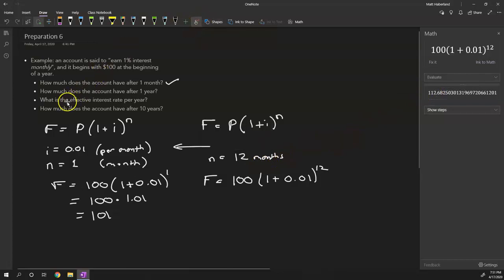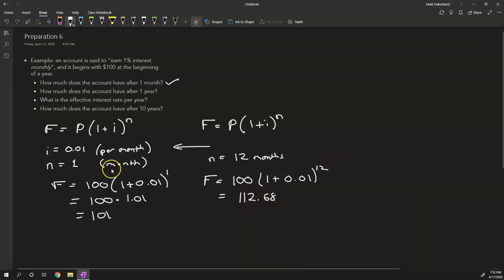Now, what's the effective interest rate per year? Well, we can tell pretty easily from this. We can just rearrange the equation, and we'll see how we can figure it out from this number here. So let me write that number down just so we don't forget: $112.68. So what's the effective interest rate per year?